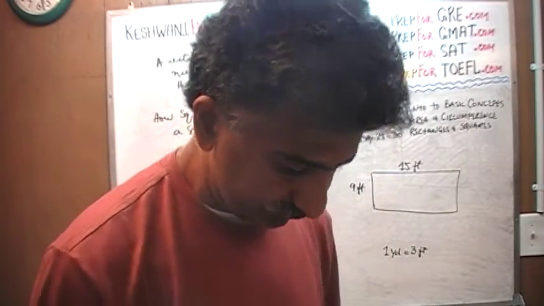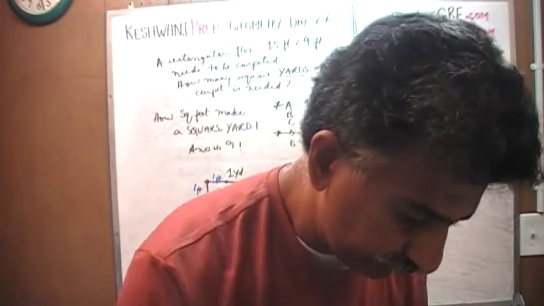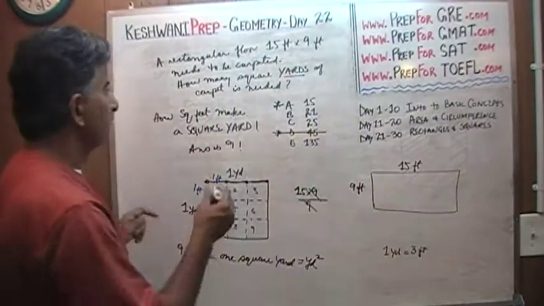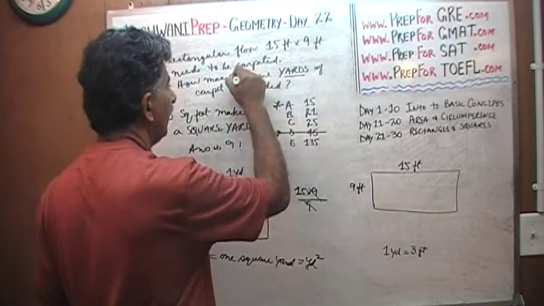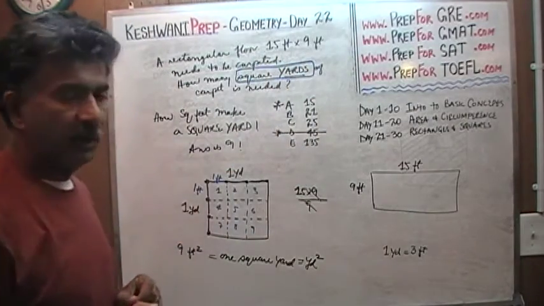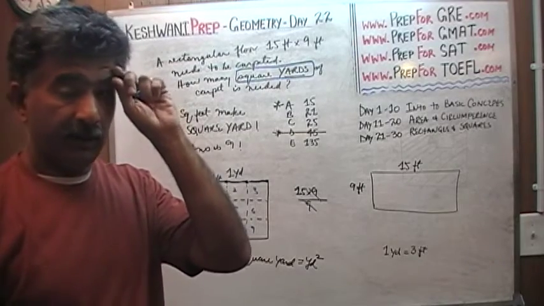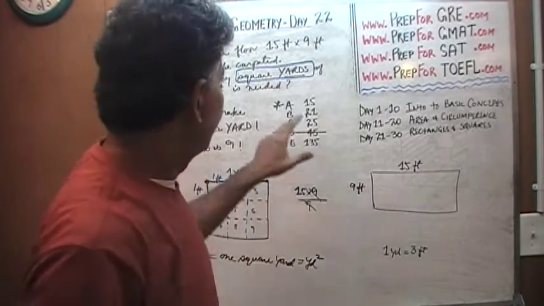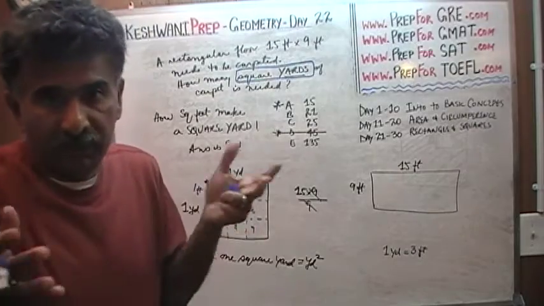Well, listen carefully. Since the problem is asking for the answer in terms of square yards, a smart idea is this. What I refer to as the punchline is what they're asking in the problem.